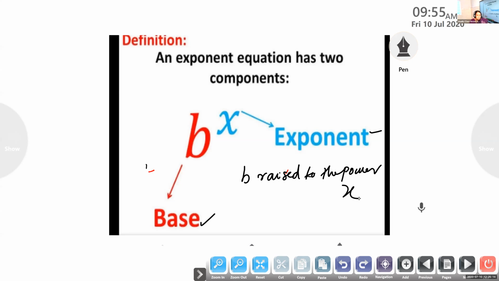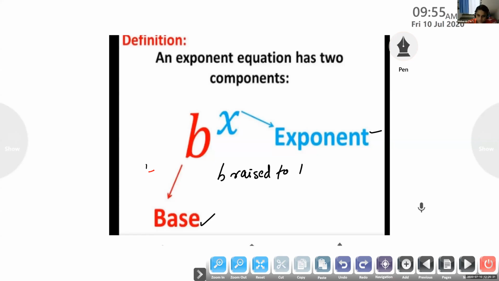We will read it as b raised to x, raised to the power x. Okay. So this is the definition of exponent.